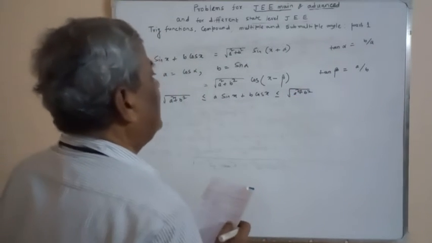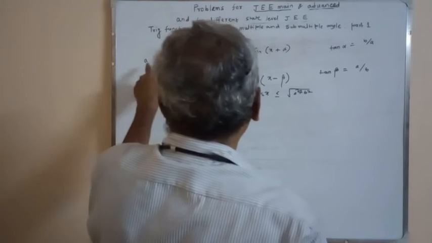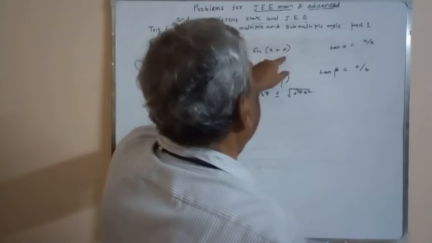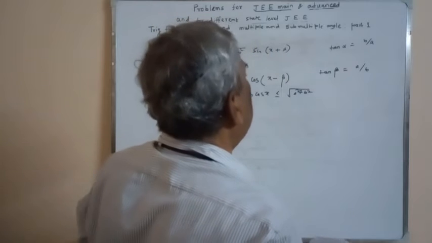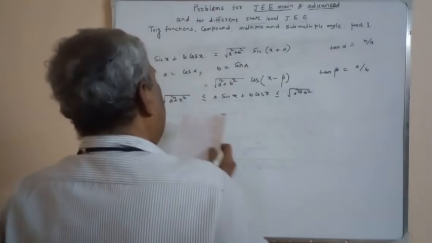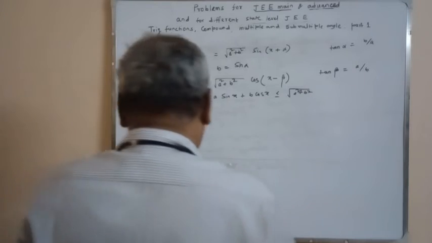It is a very simple thing: this is a constant into sine of an angle, whose maximum value is +1 and minimum value is -1.